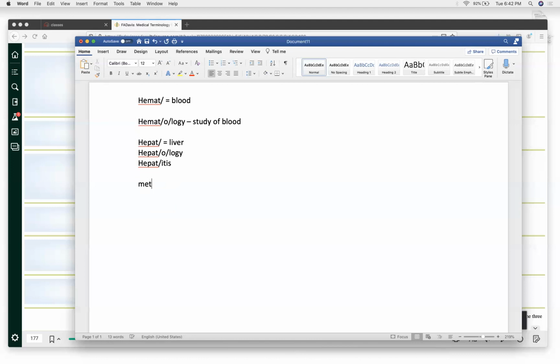So let's look at the word metabolism. Meta, bol, ism. Ism is the suffix that means process of. Meta means change. Bol means growth. So that's why we eat.